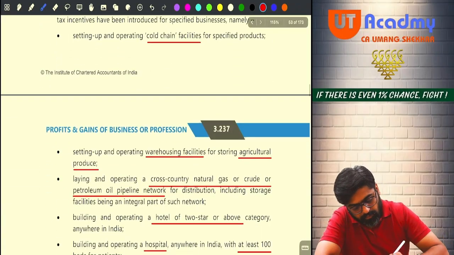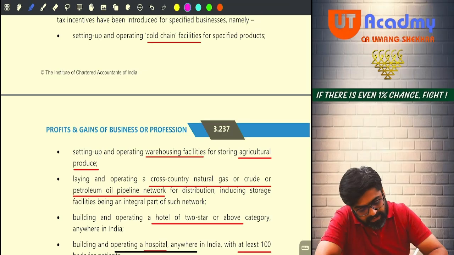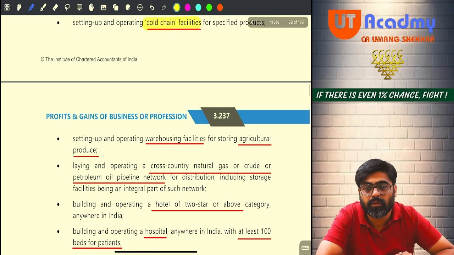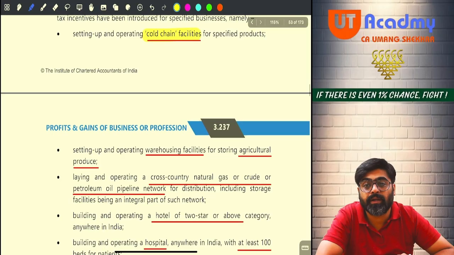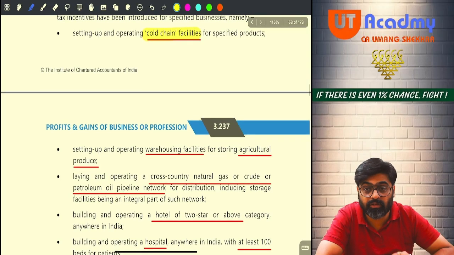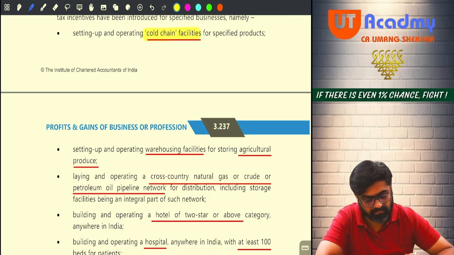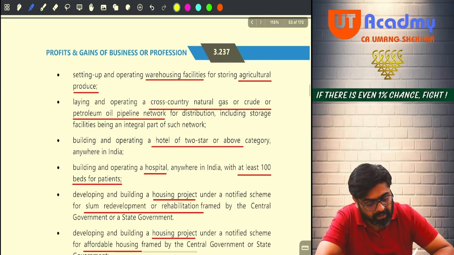First is setting up and operating cold chain facility for specified products. This is your business. Then setting up and operating warehousing facilities for storage of agricultural produce.